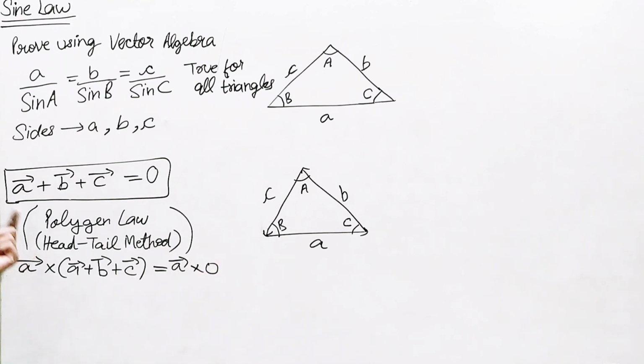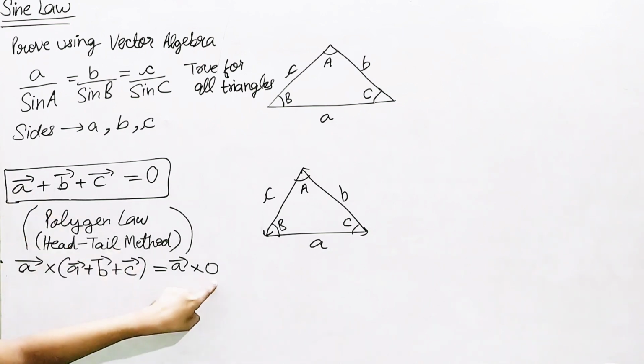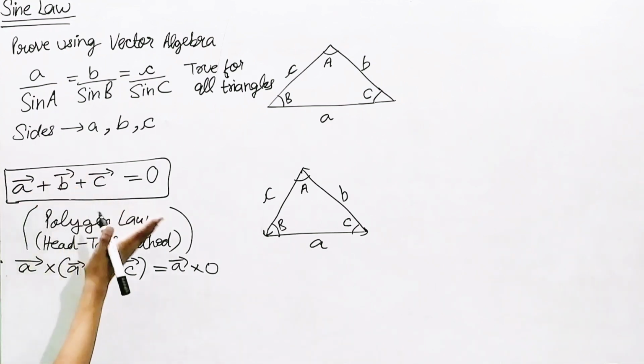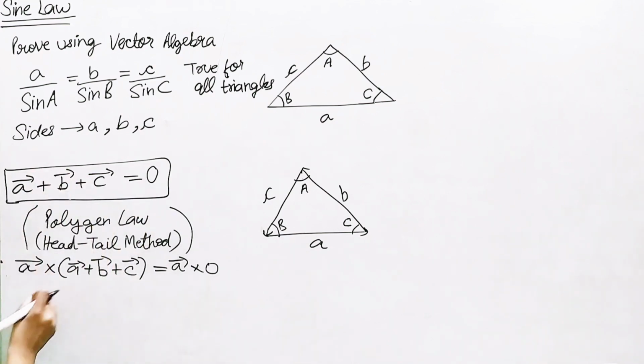Actually we're finding A1, so I'm going to put A here with a 0 and multiply it. I'm simply writing the left hand side here, and for finding A1 we are finding the A side, so vector A into A plus B plus C is equal to, on the right hand side, vector A into 0. Got it?